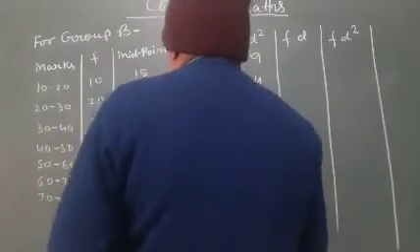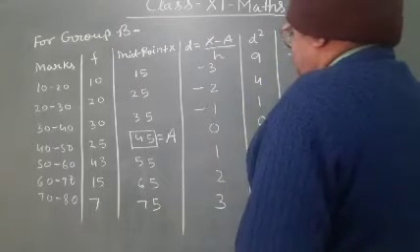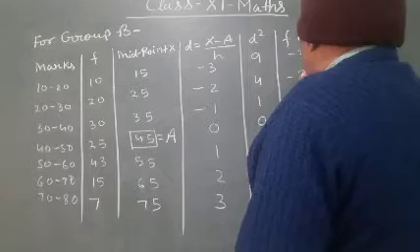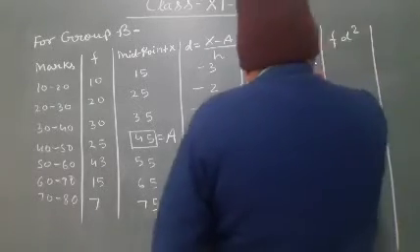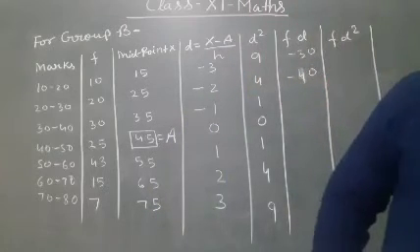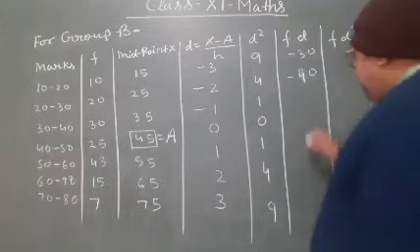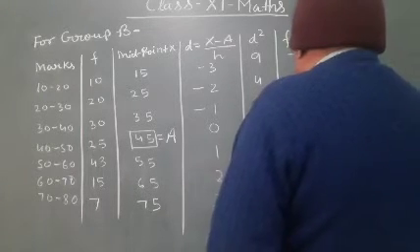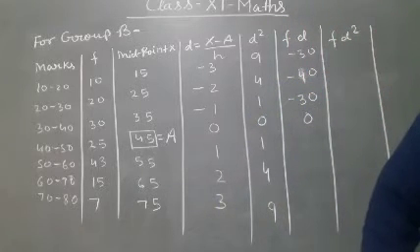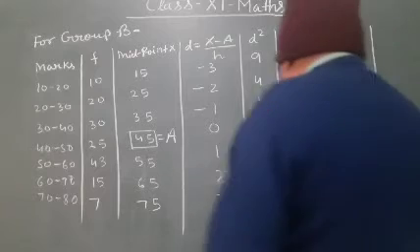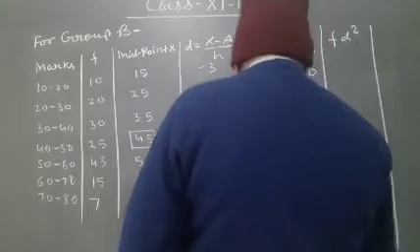F into d: 10 into 3 minus 30, minus 40, minus 20, 0, 43, 30, and 21.